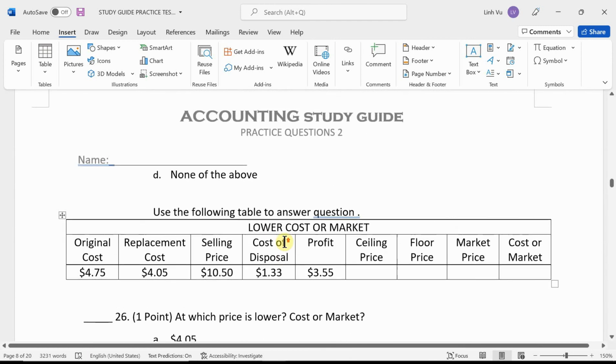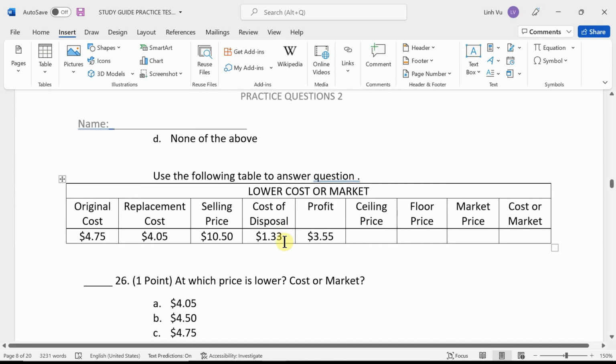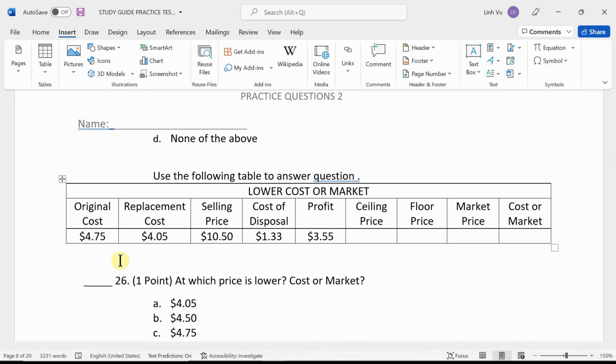All right, so go ahead and use the following table to answer the question. Here's a lower of cost or market example. If you originally bought something for $4.75, they tell you that it's now worth $4.05. You sell it at $10.50.